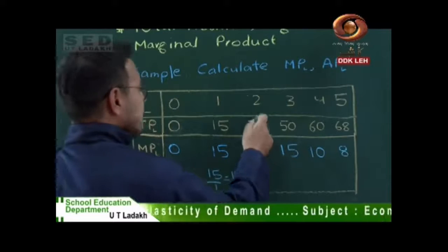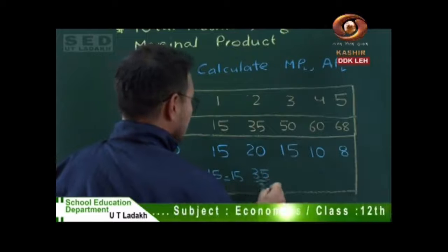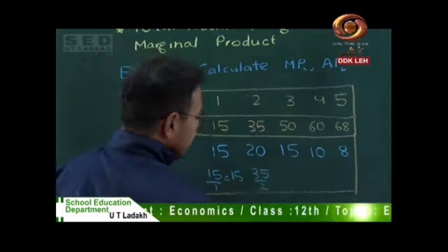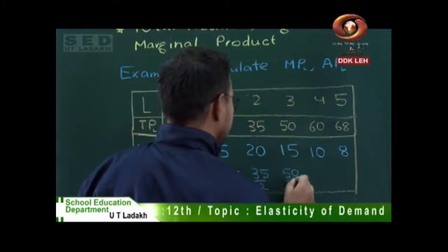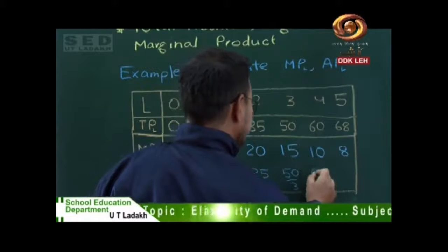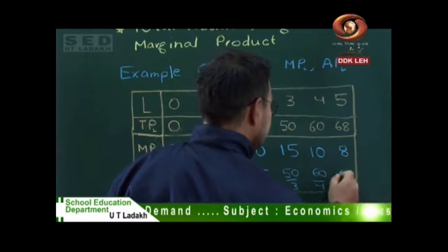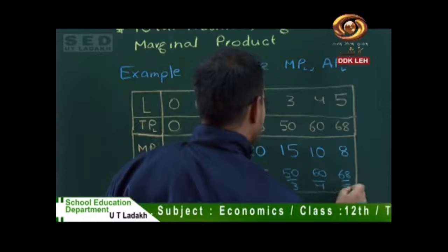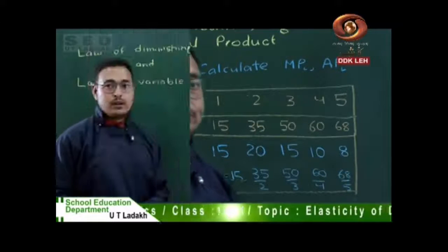For the second it's 35 divided by 2. You can calculate it, and for the third it is simply 50 divided by 3. Fourth it is 60 divided by 4, and for the final one it's 68 divided by 5. If you solve all this, you will get the APL.